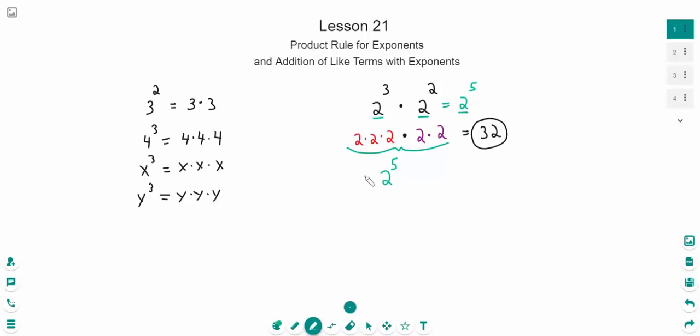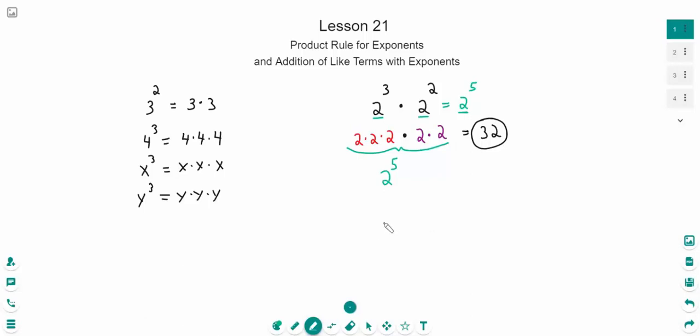And that makes sense because of the way exponents work. Again, we're having 3 2's, we're having 2 2's, and now we have 5 2's, or 2 multiplied by itself 5 times. Okay? So the point that I'm trying to make here is when we're multiplying terms with exponents, we can simply add the exponents themselves.